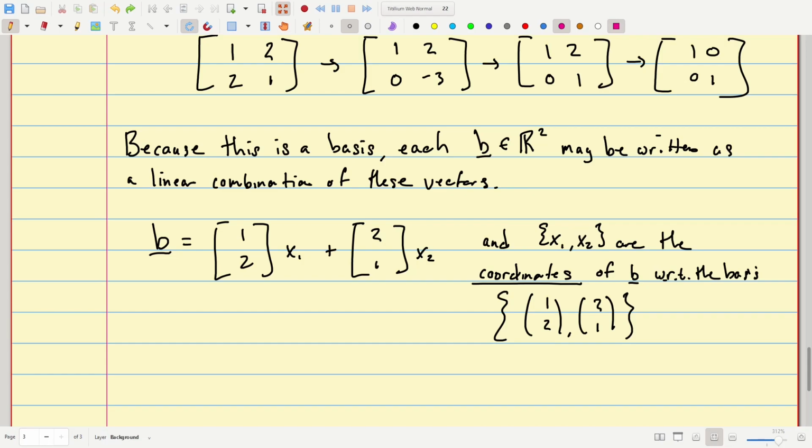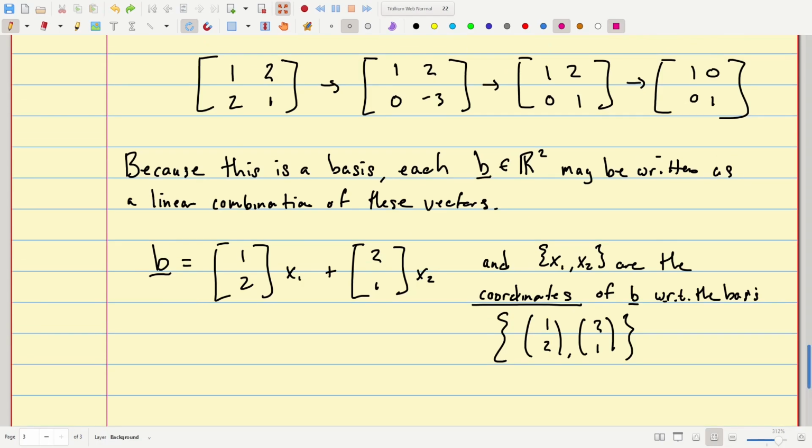Okay, so the idea here is that we can use this linear combination in order to represent the vector, okay? And what we want to do is set all that up, okay?